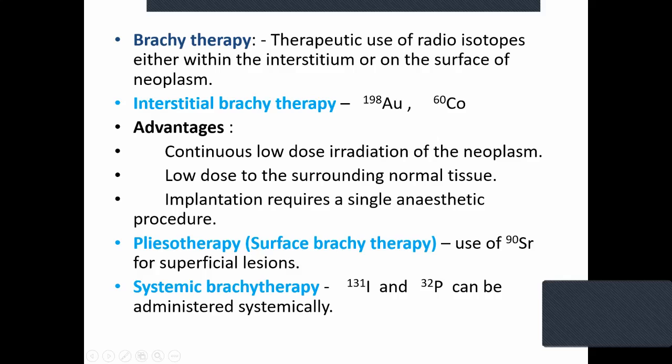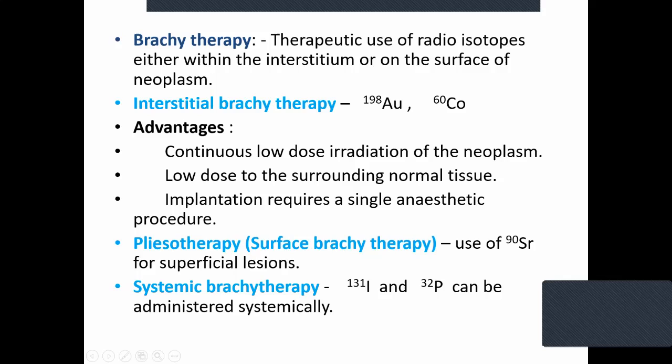In interstitial brachytherapy, we use gold 198 and cobalt 60. An advantage of interstitial brachytherapy is the continuous irradiation of the neoplasm with a low dose of radiation, and a very low dose is exposed to the surrounding normal tissue, and implantation requires a single anesthetic procedure.